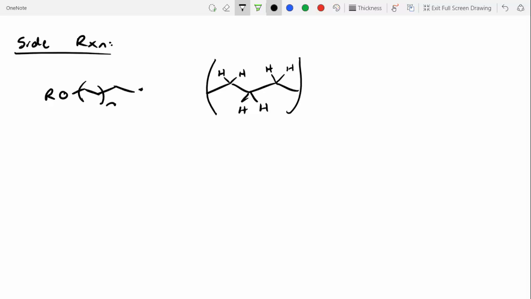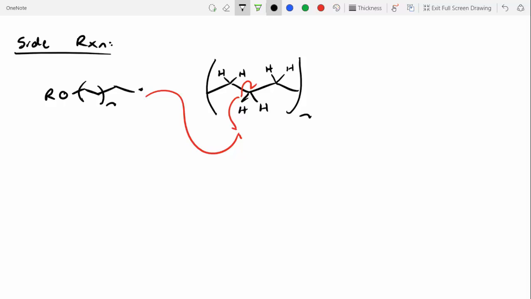So this is the middle of a polyethylene chain, right? We've just got this big long carbon backbone. The radical on the end there can actually do a hydrogen abstraction and pluck off one of these hydrogens.